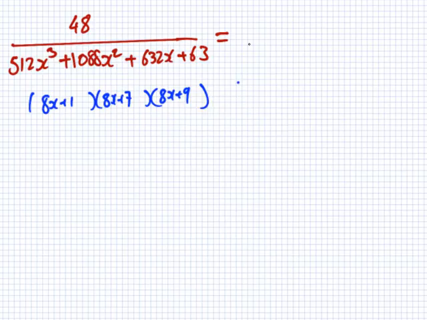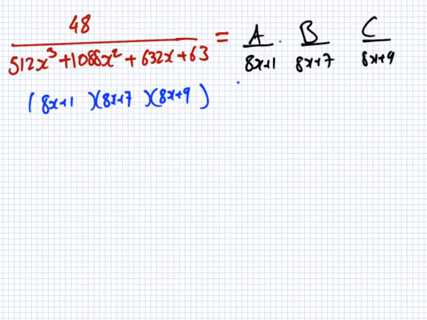Okay, so we have a nice situation here. 8x plus 1, 8x plus 7, 8x plus 9. Because these are linear, on the top should be constants, with one constant each: an A, a B, a C. And we use our usual trick of multiplying by the factors.